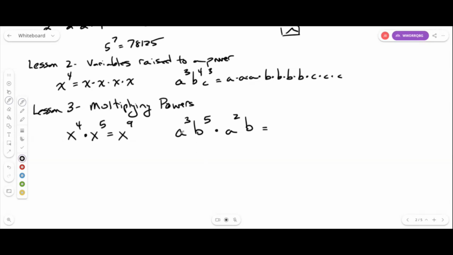If I have 3 a's being multiplied together and 2 a's being multiplied together, as long as I am multiplying this stuff and this stuff, then I would get a to the 5th and b to the 5 plus 1 is 6. Careful, multiplying doesn't mean adding. Multiplying powers means you add the exponents.